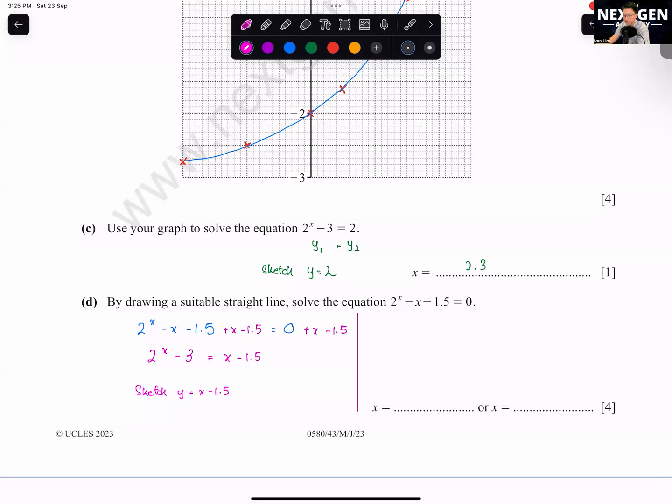Use the origin and then given equation. Also can lah, okay, as long as the equation is the same. Okay, so you just find 2 points. I will use x-intercept, y-intercept. X equals to 0, y is equals to negative 1.5. When y is equals to 0, x is equals to 1.5. Okay, so I got these 2 points here.